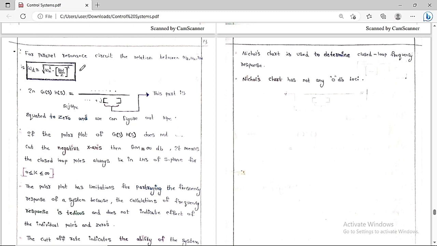This formula you always have to keep in your mind.